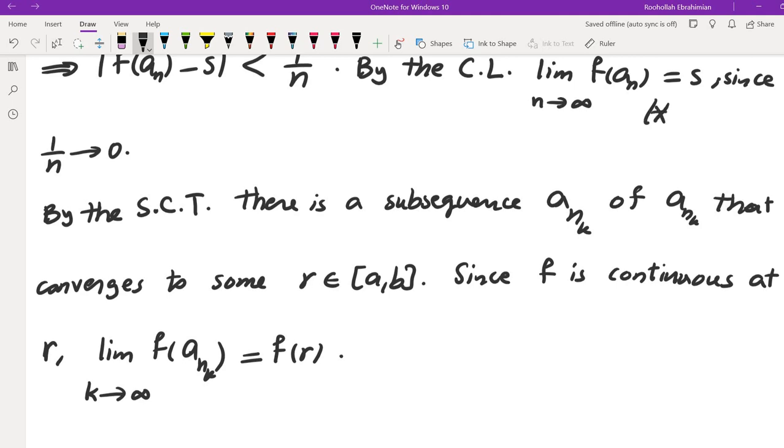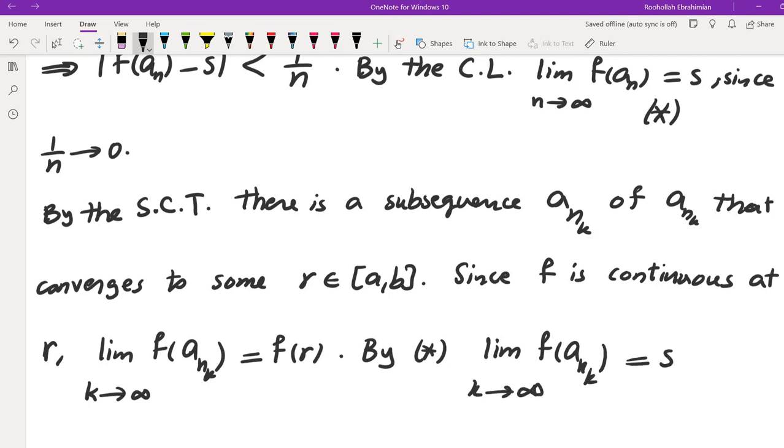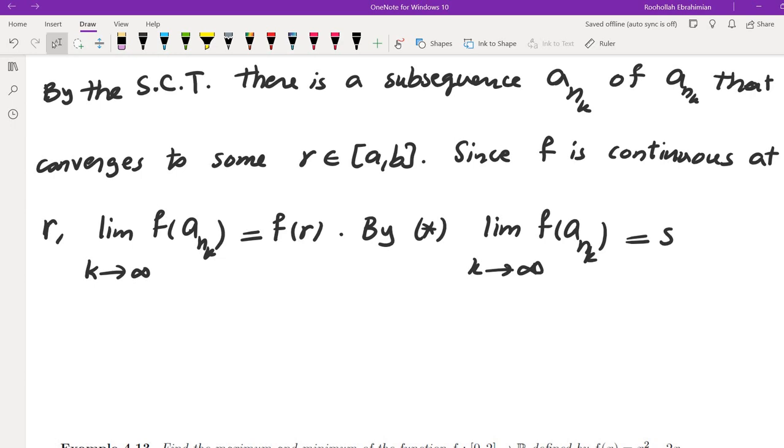Now, if you look at this star, since f of a_n approaches s, f of a_{n_k} approaches s as well, because if a sequence converges to a number, any subsequence of that also converges to the same number.